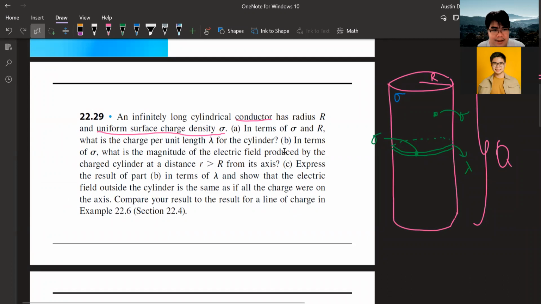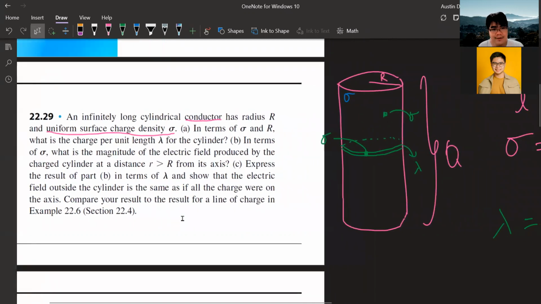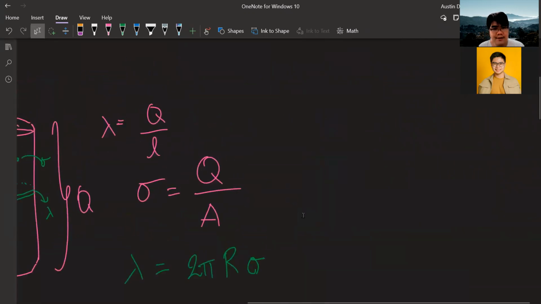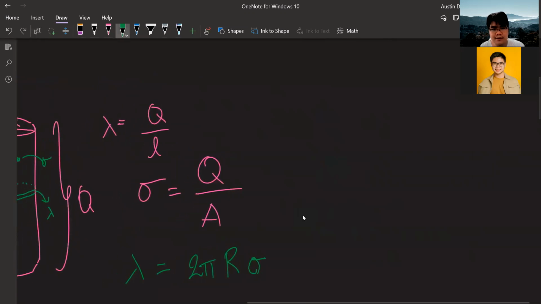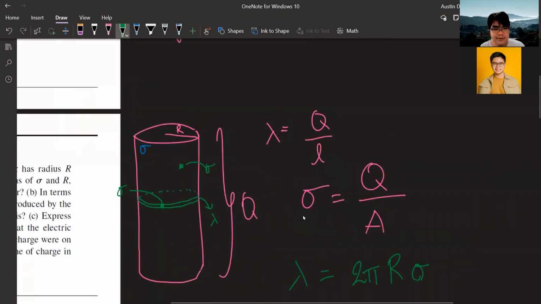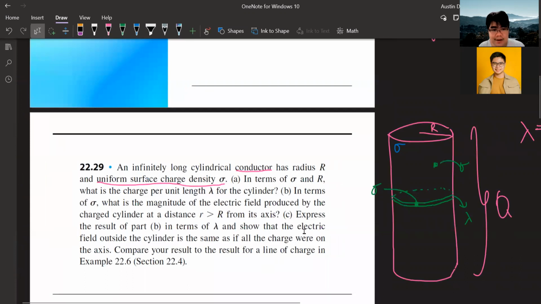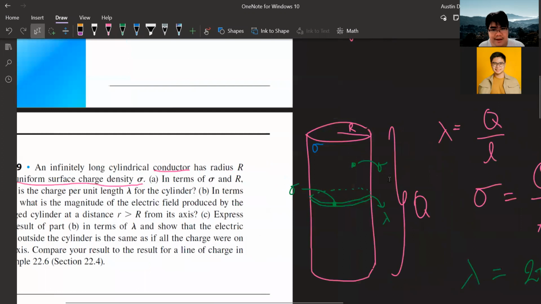Okay, next would be in terms of sigma again. What is the magnitude of the electric field produced by this charged cylinder at a distance r greater than R from its axis? Okay, so ang tanong lang sa atin would be the electric field produced by this cylinder.